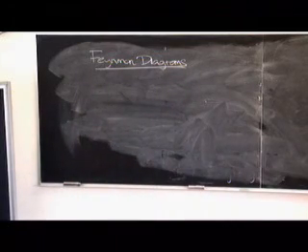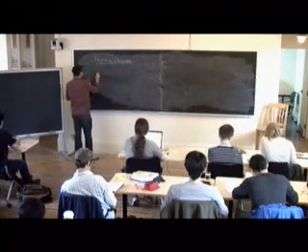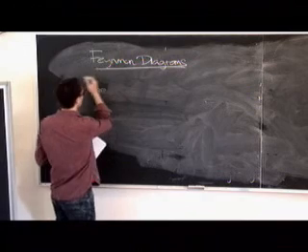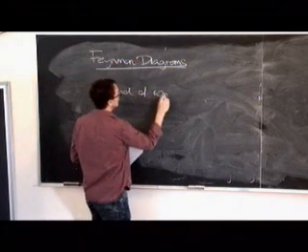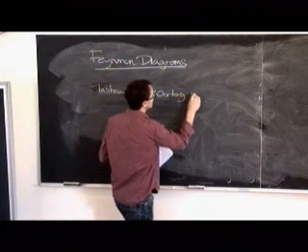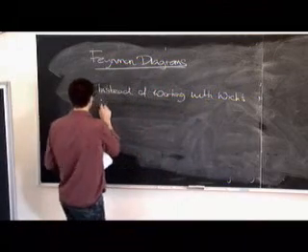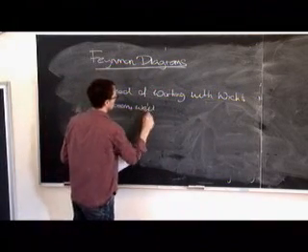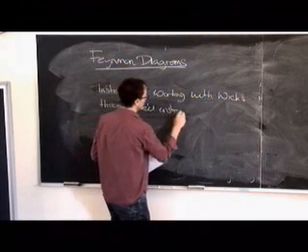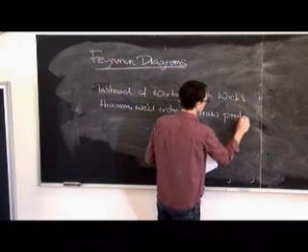So, pretty pictures. Pretty pictures have a name. They're called Feynman diagrams. Instead of working with Wick's theorem, we'll instead draw pretty pictures.